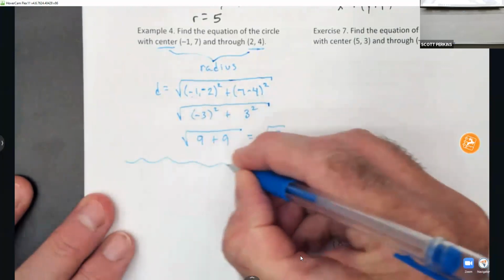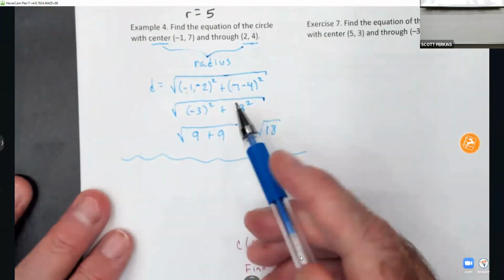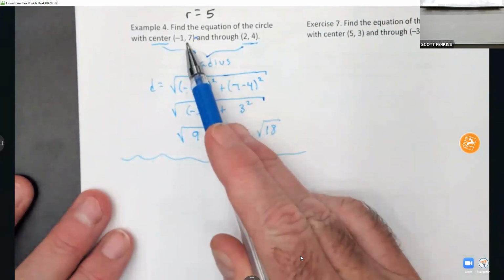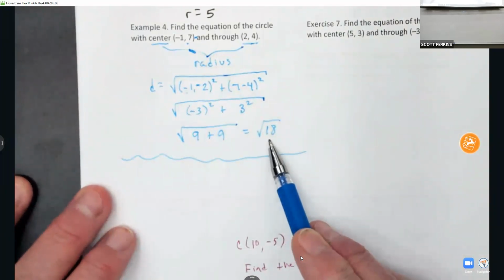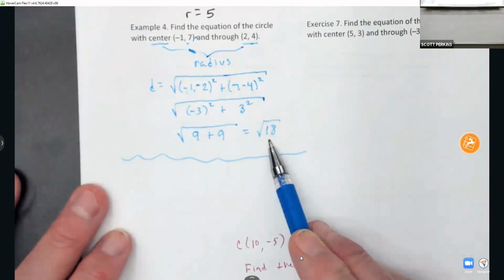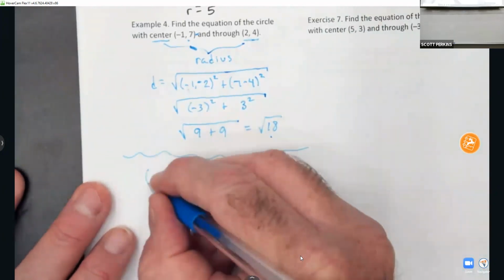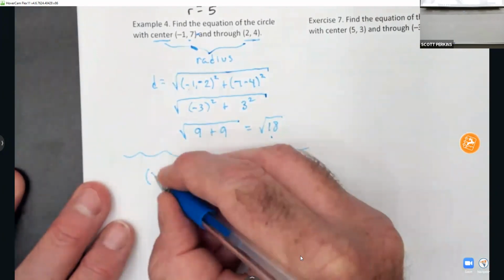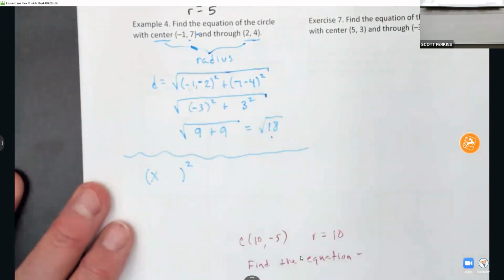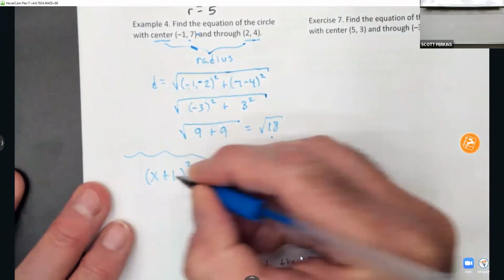All right, so we're ready. I know the center. The center is -1, 7. I know the radius. The radius is the square root of 18, or if you simplified it, it's 3 square root of 2. So now my equation of the circle. In my first binomial, my x's, I have x and then what? +1, that's exactly right. Great job.